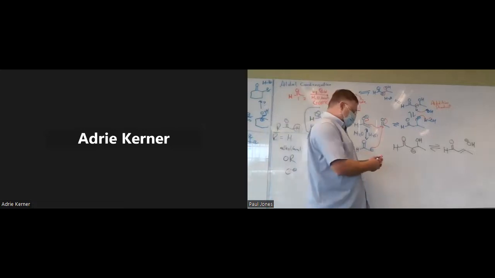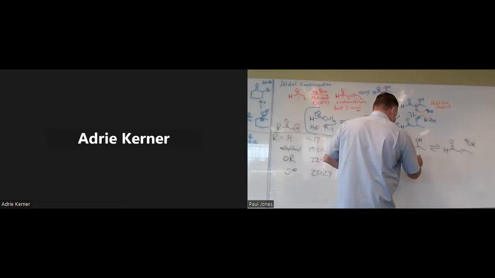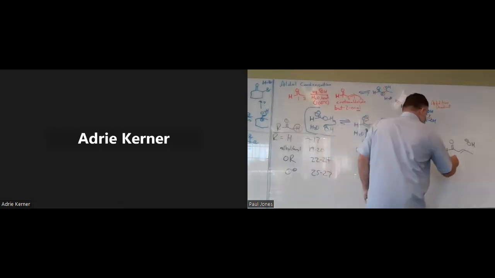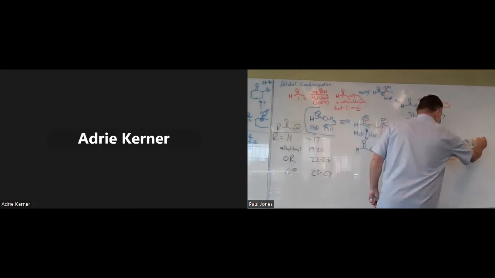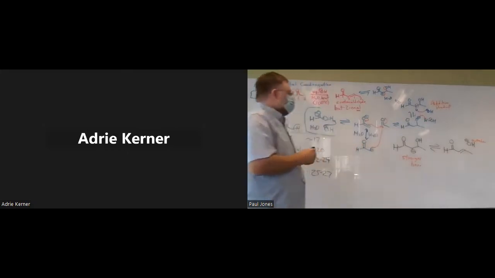So here the stronger base is the enolate, and this is the weaker base. The reason I was trying to push you toward that is because I knew you weren't going to like it.